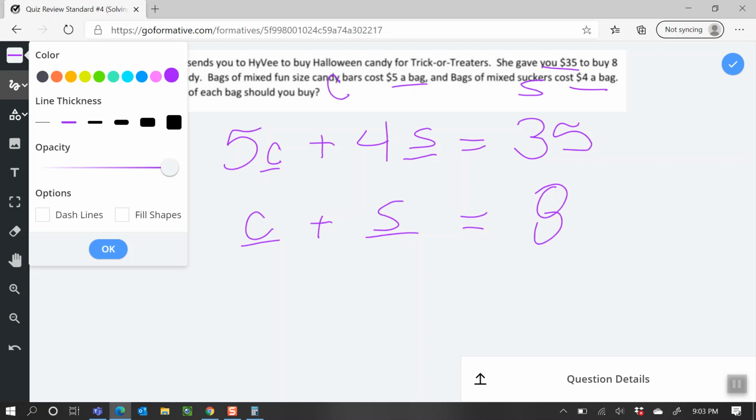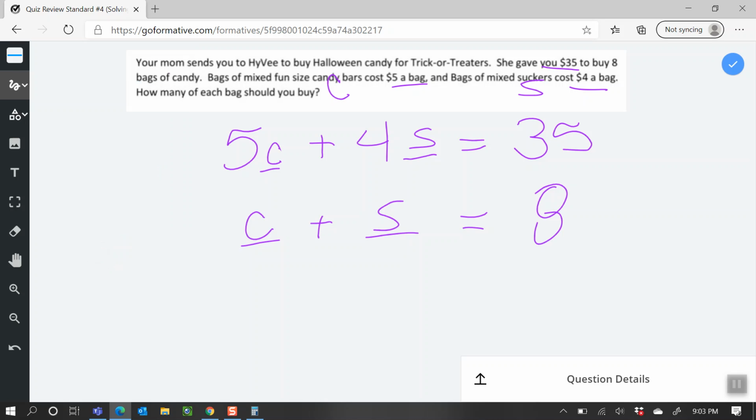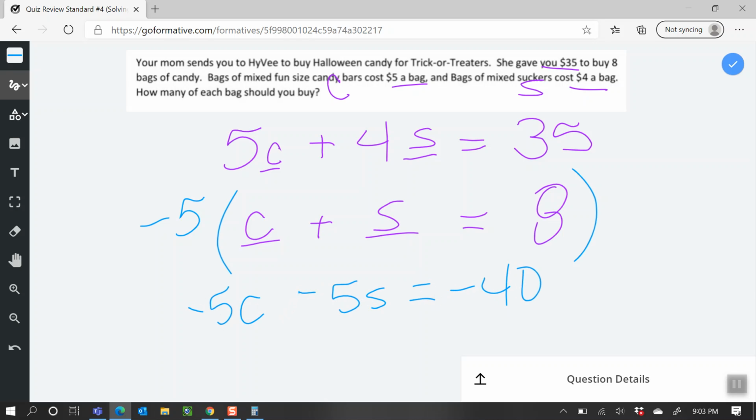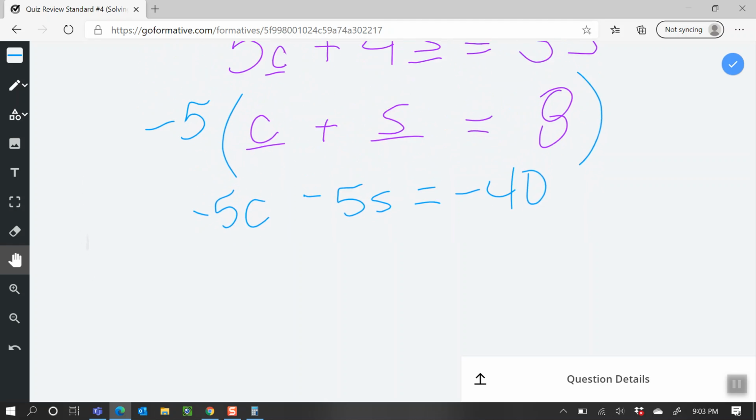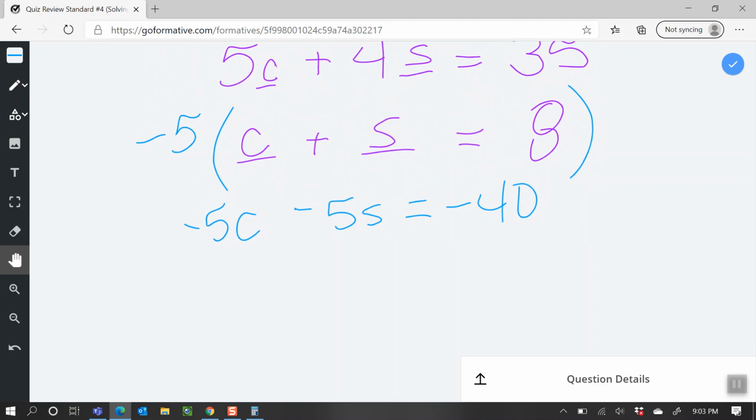In order to solve it, I'm going to use elimination again because I just like elimination. So you can use whatever you want to use. If you want to use substitution, solve one of these out. Multiply it by negative 5, so I get negative 5C minus 5S equals negative 40. Grab my hand, move this up. The original equation above that, I'm going to rewrite it out. 5C plus 4S equals 35.